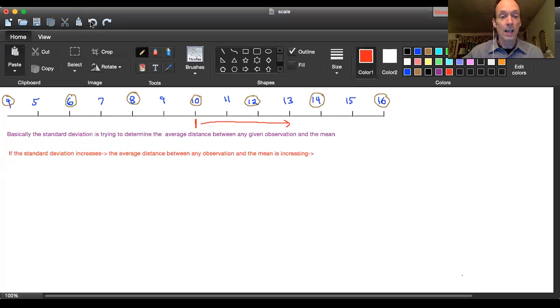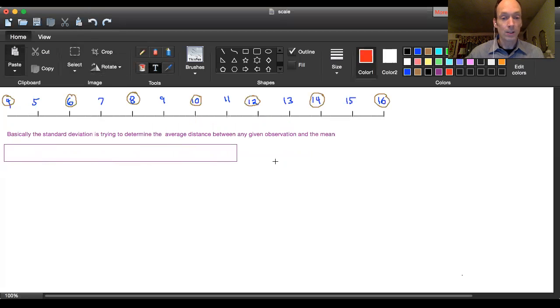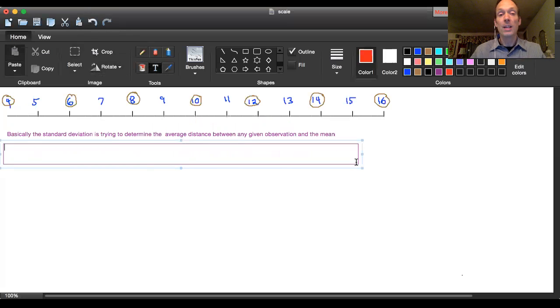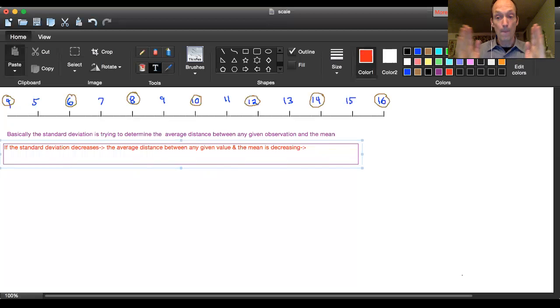So let's put in another text box here, and we're going to say, if the standard deviation this time decreases, now if that happens, the data set must be getting more compact.